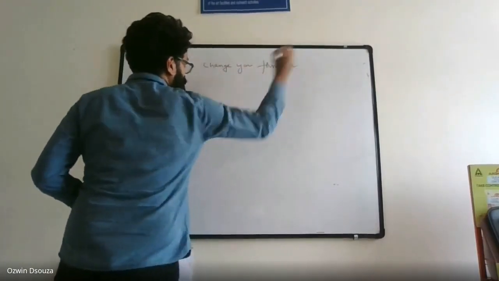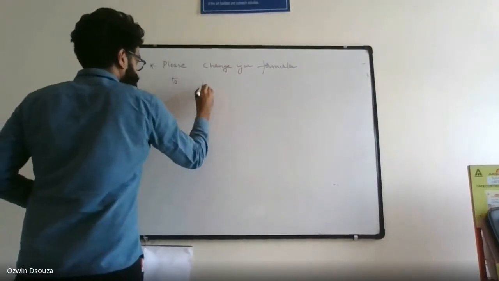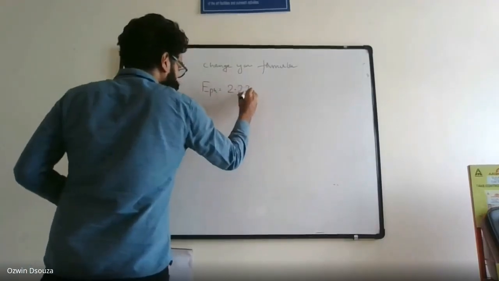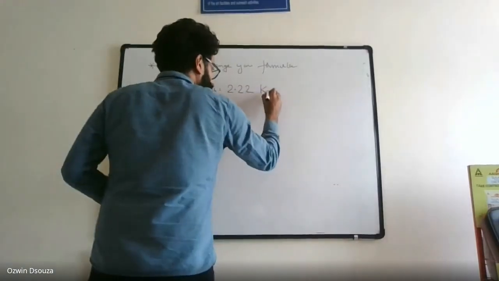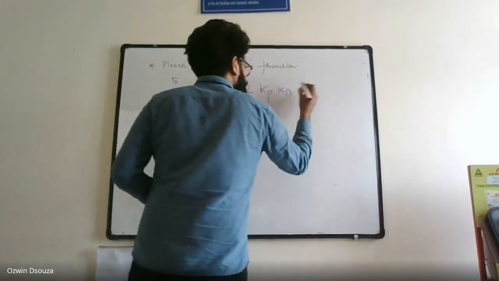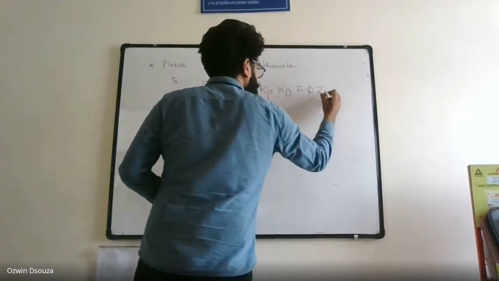So please change your formula to E phase is equal to 2.22 Kp Kd F phi Z.